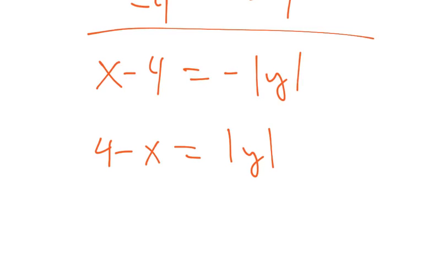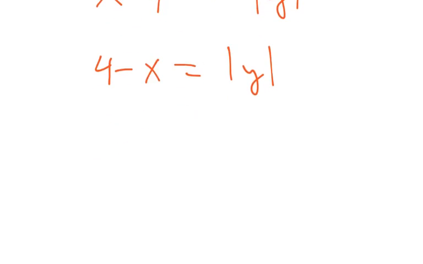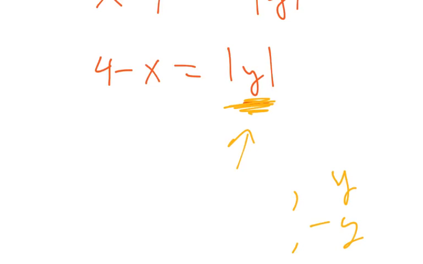There's a couple of ways of doing this. I think the most obvious is that the absolute value of y means that whatever I plug in for y, whether y is positive or negative, the x values stay the same.